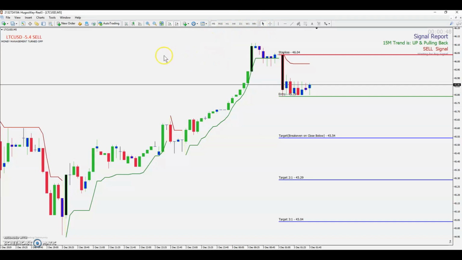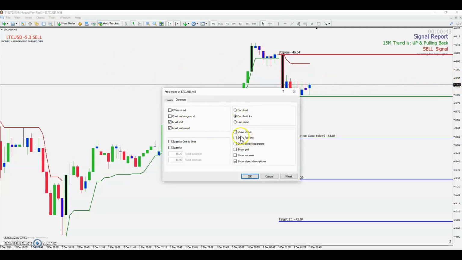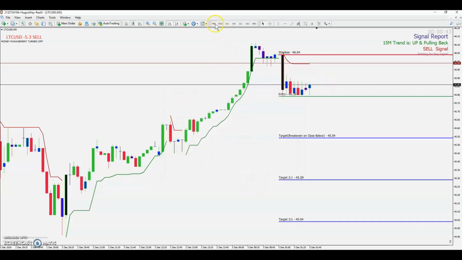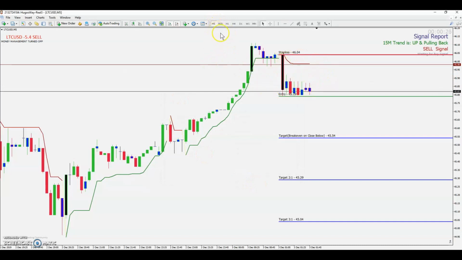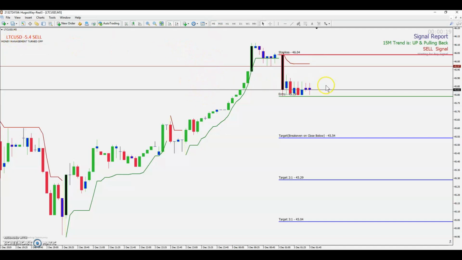So if you go on your chart and you don't see the spread, the most important thing is to turn on your ask line because we are on the 5-minute, and I know that we're not going to be taking trades on the 5-minute. I'm on the LTC USD, which is Litecoin, a cryptocurrency, but the spread is way too high here, we can see.